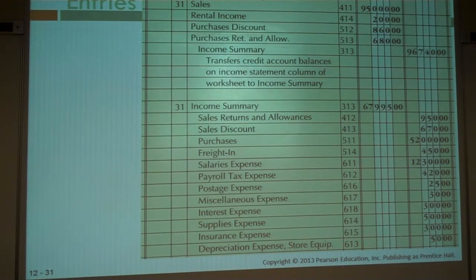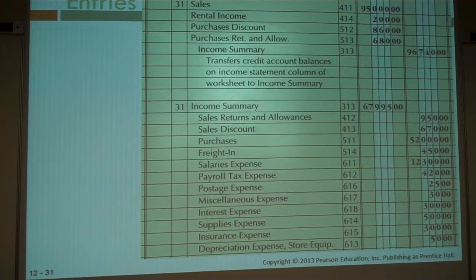Have we posted these? I like to see you post the first 2 closing entries so you know how to close income summary, because we have a credit to income summary and we have a debit to income summary. If you'll post these 2, because the next one you're going to close is income summary.